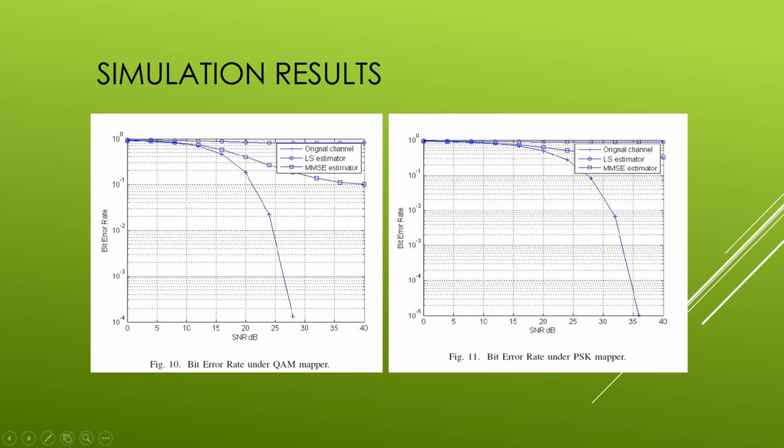And also the MMSE estimator dropped down a lot as the signal becomes stronger. But the LS estimator still keeps a high bit error rate.